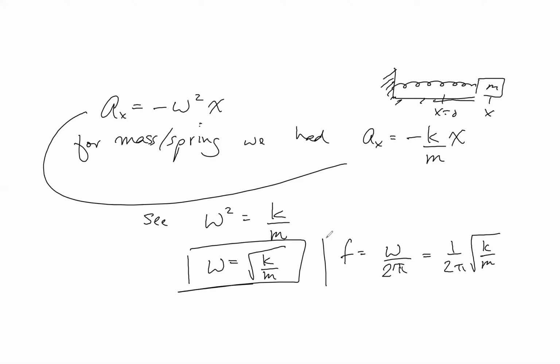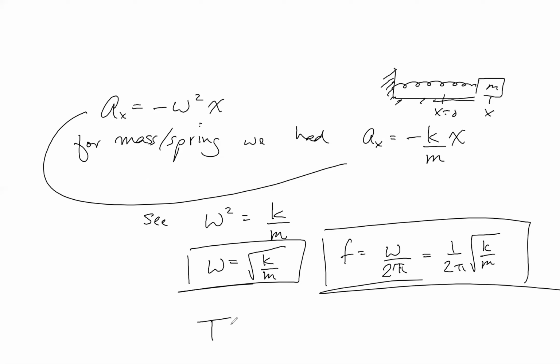You just take k divided by m, take the square root, and do this 1 over 2 pi. And because the period of motion is equal to 1 over f, you can take that last expression for f and write the period is equal to 2 pi times the square root of m over k.